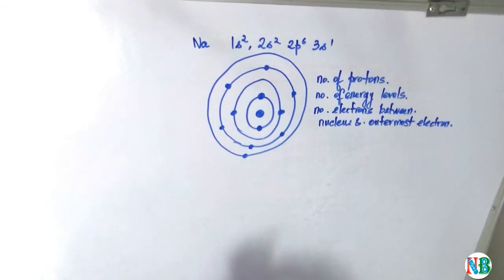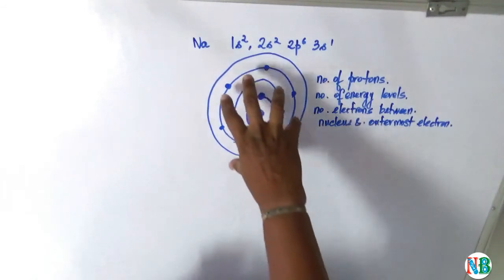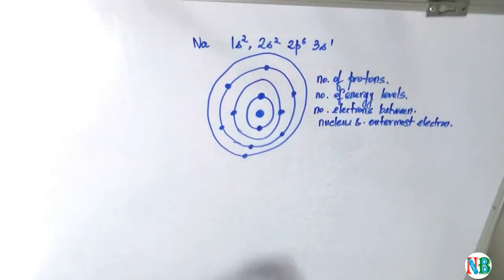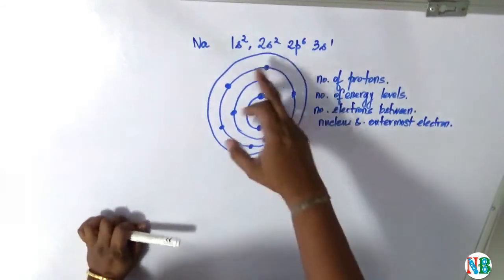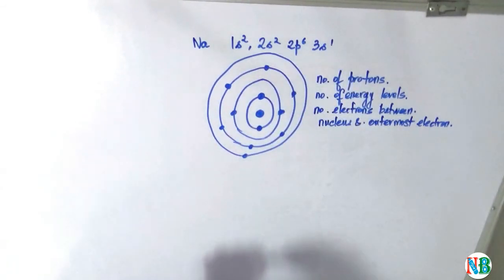Now we have to understand, when does that force weaken? When all these electrons are fewer, there is the electrostatic force from the nucleus. We already know that the reason the electrons are surrounding this nucleus is because of the force of the protons. That is, the attraction between the protons and the electrons is what is making them go around the nucleus.